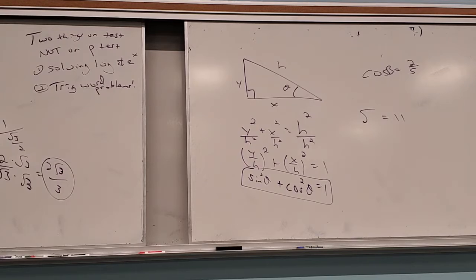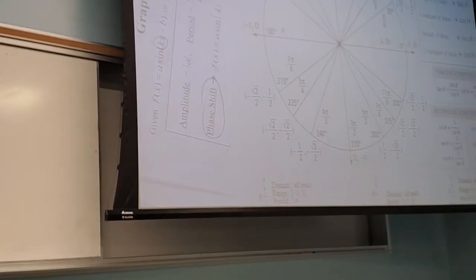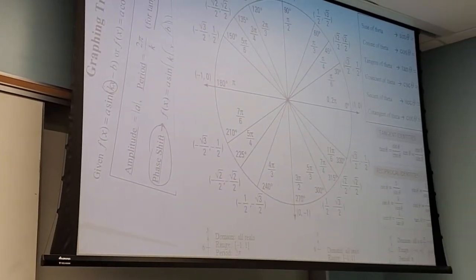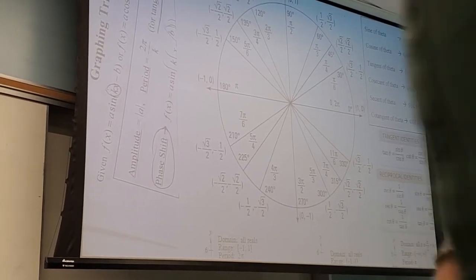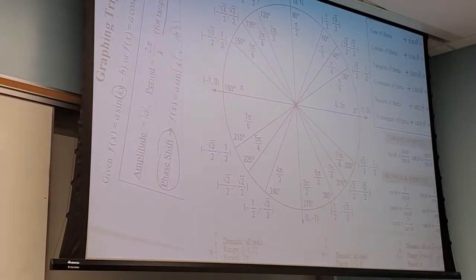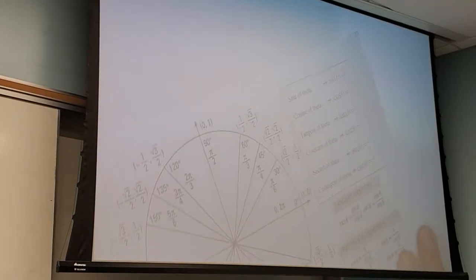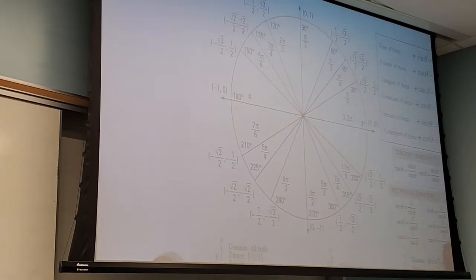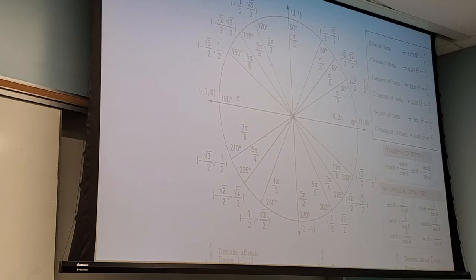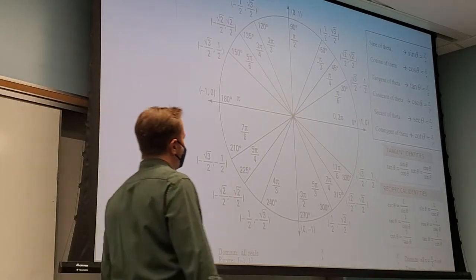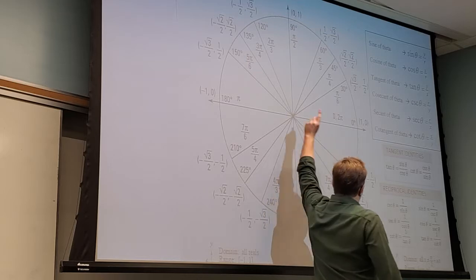All right, so notice this. I want you to realize something. I don't like teaching it based on this picture, but I do like you to notice some things about this picture. It's a little busy up here. Unit circle.